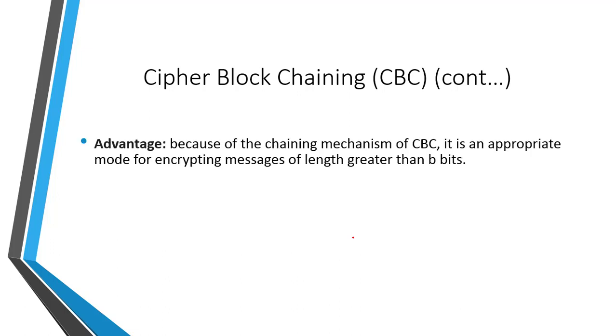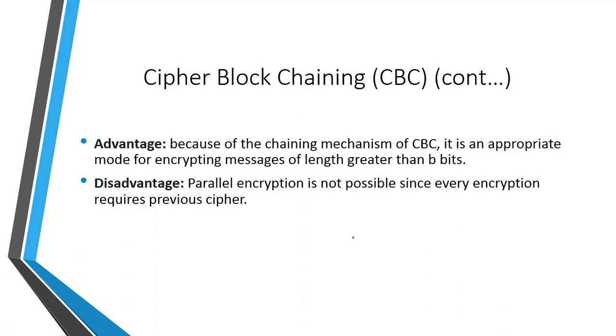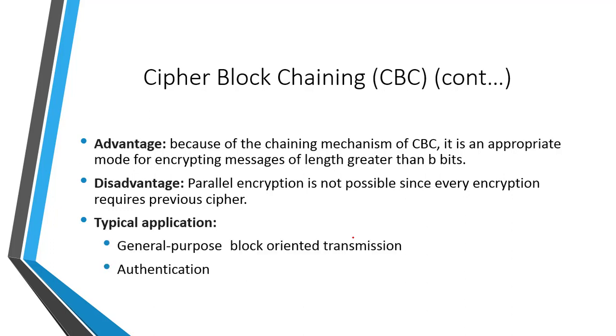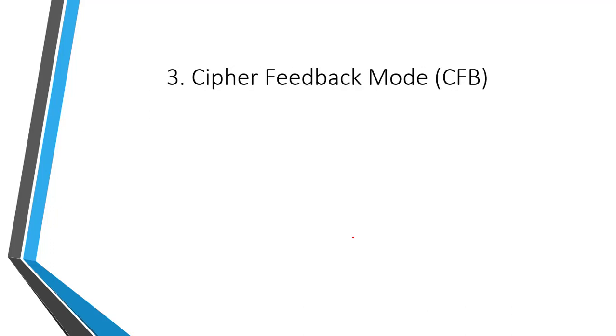The advantage of this algorithm is that because of the chaining mechanism, CBC is an appropriate mode for encrypting lengthy messages, and the disadvantage is that parallel encryption is not possible since every block of encryption depends on the previous ciphertext. So parallel encryption is not possible here. The application is general purpose block oriented transmission and authentication.